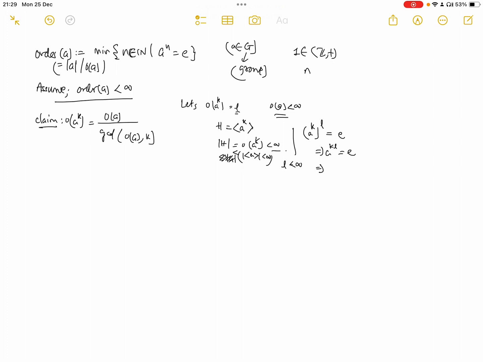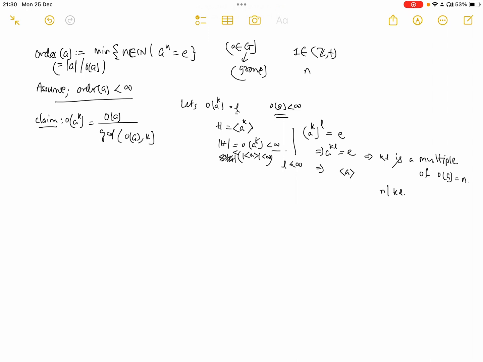Here you can apply Lagrange's theorem, for example, because then you may take the subgroup generated by A as your bigger group, and then you can show that kL is a multiple of the order of A. So let's denote it by n for simplicity. So kL is a multiple of n, or that means n divides kL.